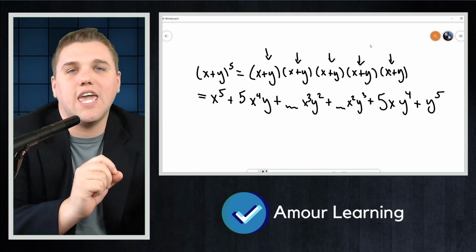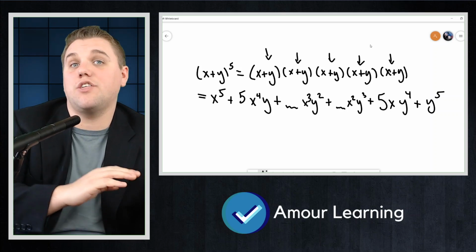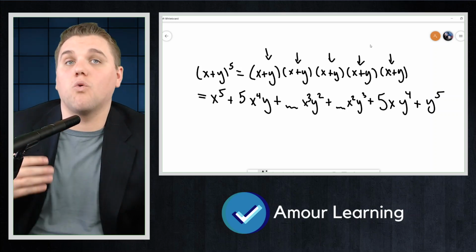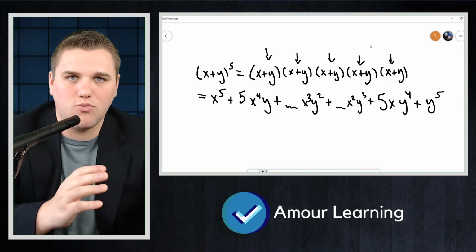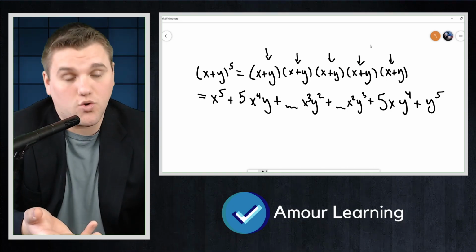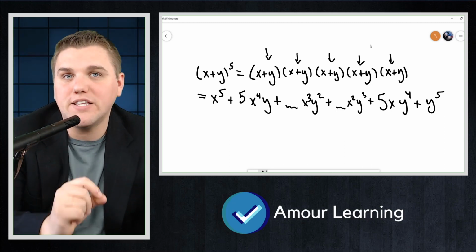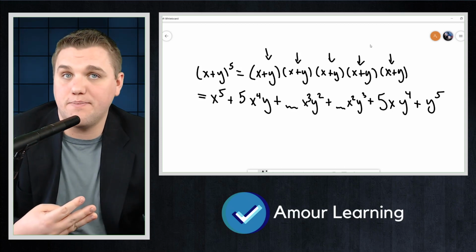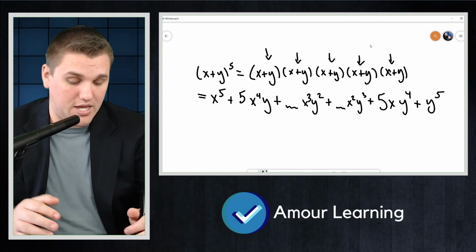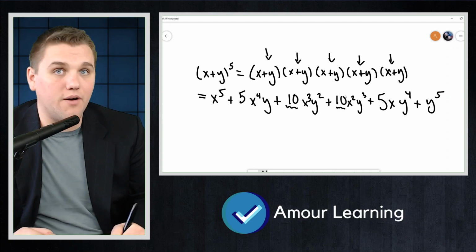That's just like taking 5 bits and making sure exactly 3 of them are 1s. So the coefficient of x cubed y squared and also x squared y cubed will be exactly the same as the number of bit strings of length 5 and weight 3, which we found earlier to be 10. That was in a previous video.